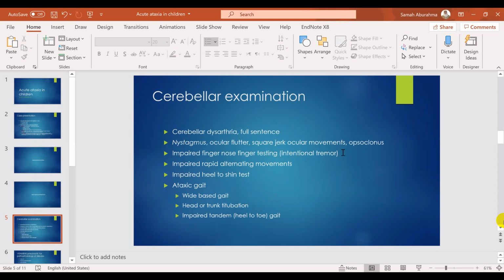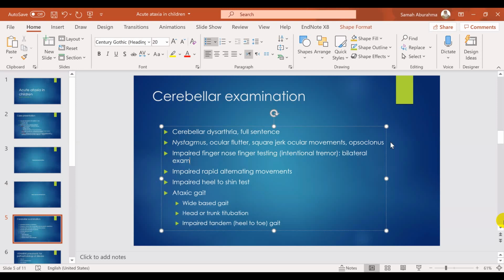And of course, remember bilateral examination, okay? Remember to always do bilateral examination. Frequently cerebellar disease is unilateral, okay? So do bilateral. Remember, the cerebellum has two lobes, just like the central nervous system.